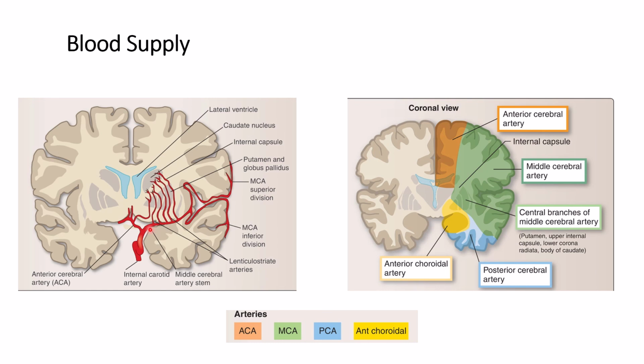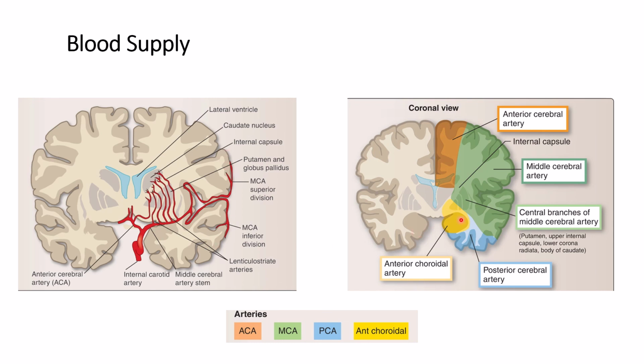The middle cerebral gives branches as the lenticulostriate artery, and you can see this lenticulostriate artery is supplying these areas, the caudate nucleus, globus pallidus, and putamen. Then it branches again as the inferior and superior divisions, supplying the lateral part of the brain.